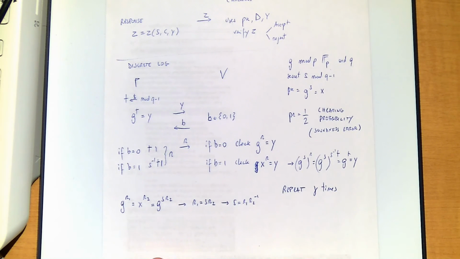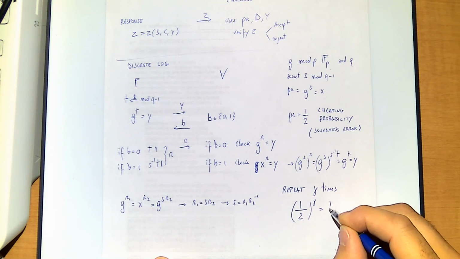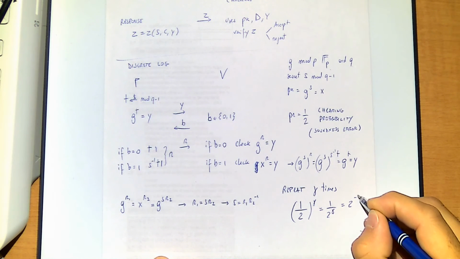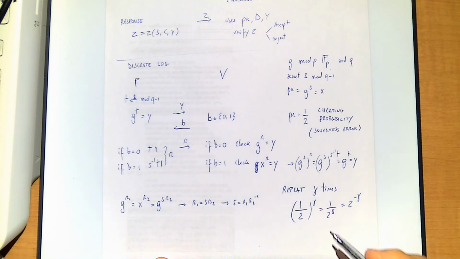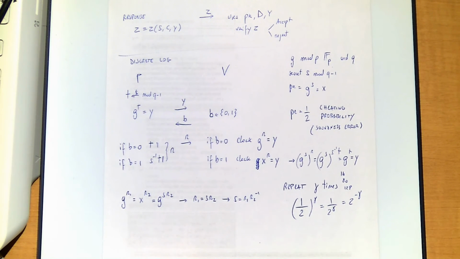Then every time the adversary has a 1/2 probability of cheating, but these are all independent, so basic probability counting tells you that you get 1/2 to the gamma, which is 2 to the minus gamma. And so you just set gamma to be whatever level of authentication you want. Gamma can typically be, I don't know, 16 or 80 or 128, okay? So you repeat the process several times, and if someone answers correctly every single time, then I'm pretty sure, up to this degree of confidence, that it's an honest prover.